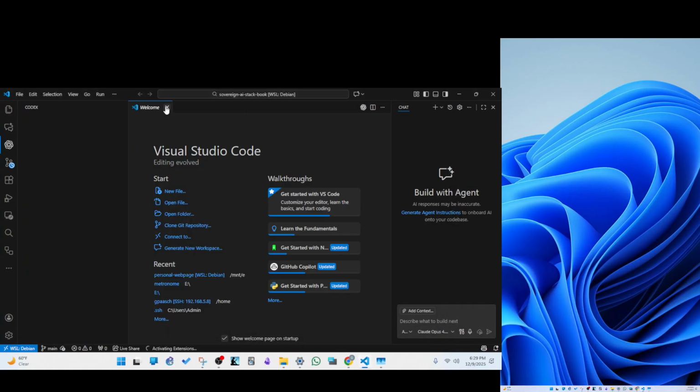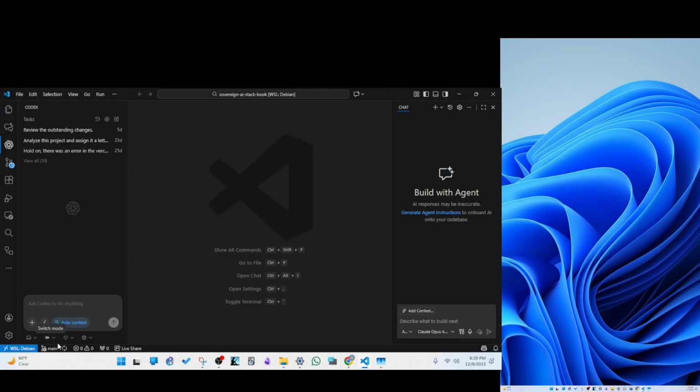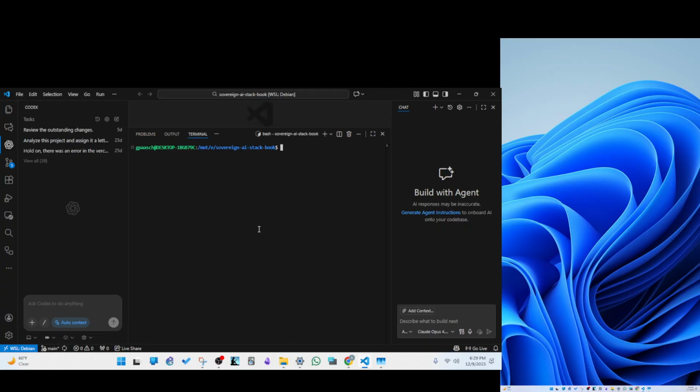Okay, so let's do the make command here. Okay, so we're going to do make chapter one, or actually, I think it has to be under examples. Oh, and I hate it when this happens.